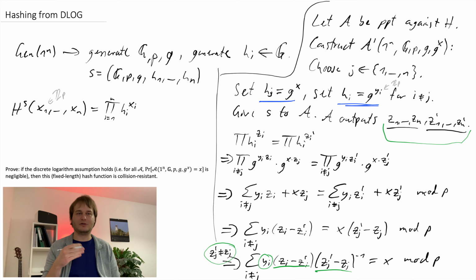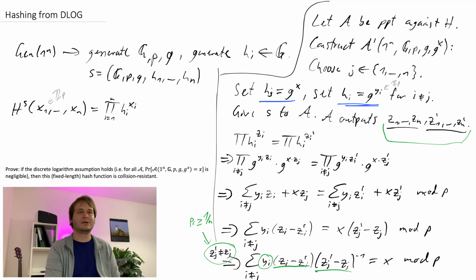Because otherwise, if they're all equal, then this is not a collision. So what we're just hoping for is that there's at least one index that needs to exist for this collision, and it is j. And so this happens with probability at least 1/n. So then we can do the whole analysis, and we will notice that if we guess correctly and the adversary wins, we can output x, the DLOG that we were looking for, and we are lucky with probability at least 1/n. So this works.